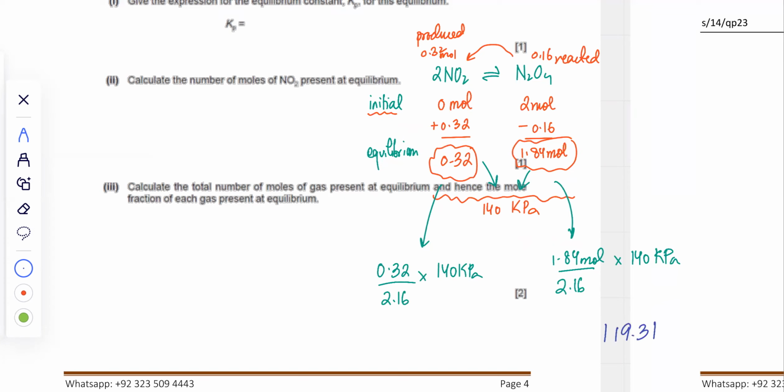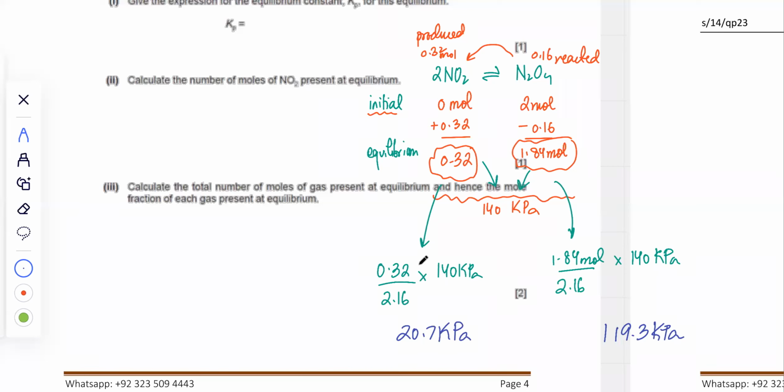Yeah, that's in kilopascals. And this one would be the leftover pressure. The total pressure was 140 kilopascals, so you can either calculate this or it's going to be 20.7. Yeah, 20.7 kilopascals.